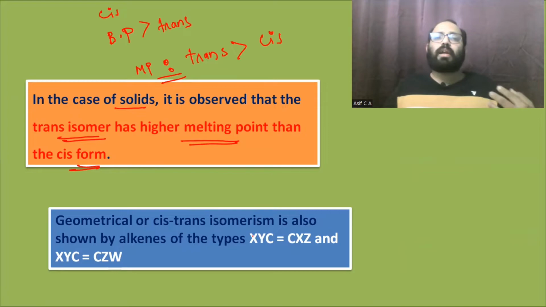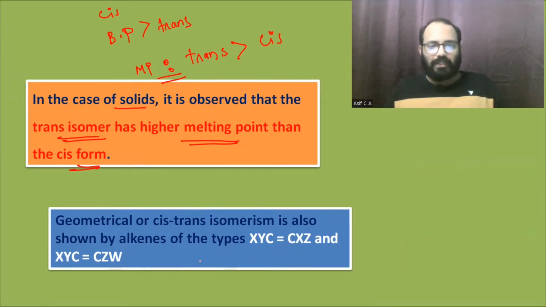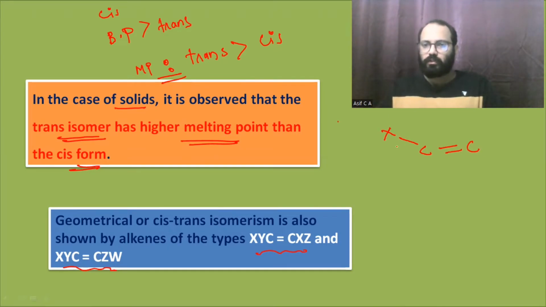Okay. And another important thing, very important thing. So who all can form this cis and trans isomers? இப்போ நம்ம பார்த்துட்டோம் இல்லையா, model பார்த்துட்டோம். So we can say that these alkenes with these types also can form geometrical isomerism. That is, we have seen compounds in the form of C double bond C, XY, XY இல்லையா? இந்த மாதிரி ஃபார்முலா நம்ம பார்த்துட்டோம். This is what we have seen in cis-butene. அவங்க என்ன சொல்றாங்கன்னா, இந்த மாதிரி மட்டும் இல்ல, the other form is possible.